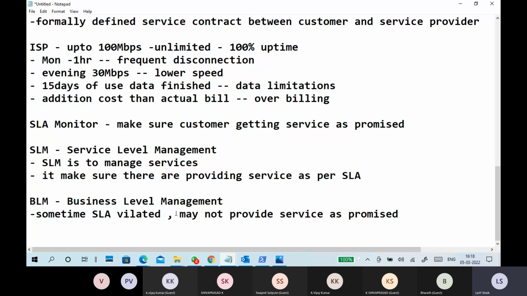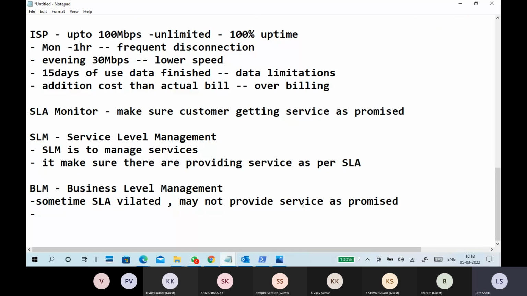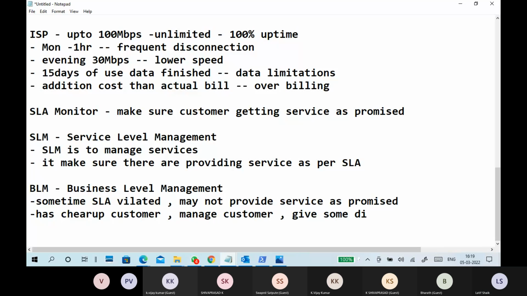So business level management has to cheer up the customer or manage the customer. Give some discount.